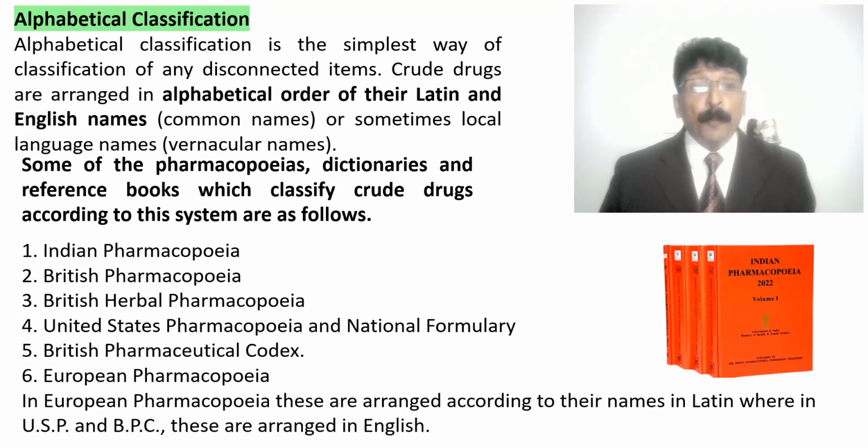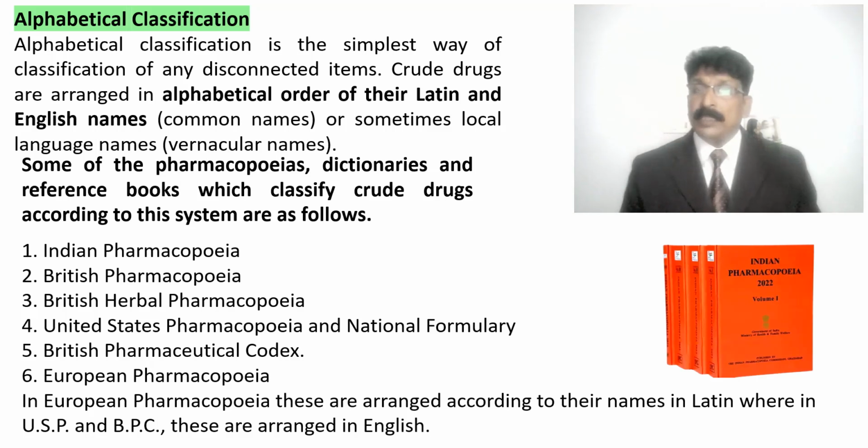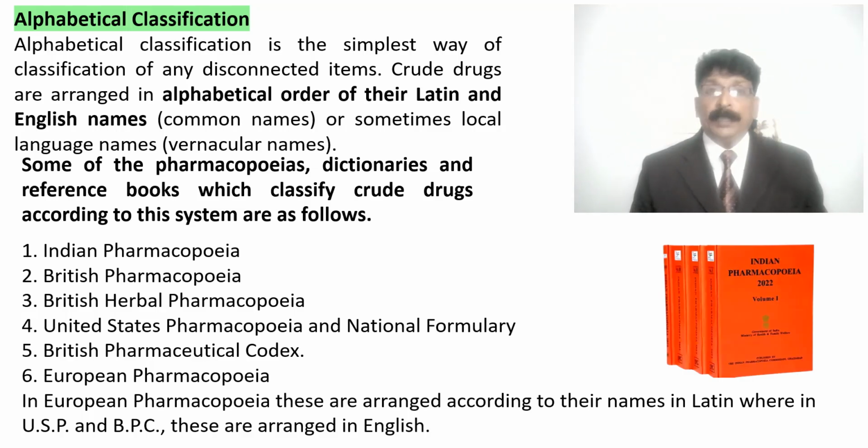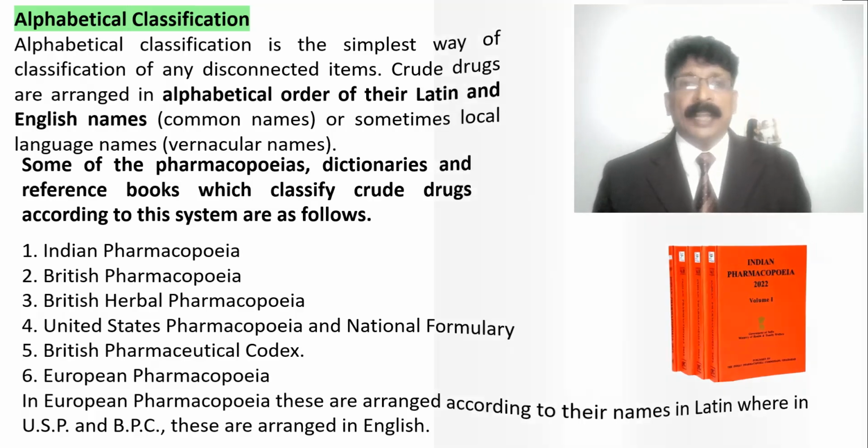In European Pharmacopoeia, these are arranged according to their names in Latin, whereas in U.S.P. and British Pharmacopoeia, these are arranged in English.